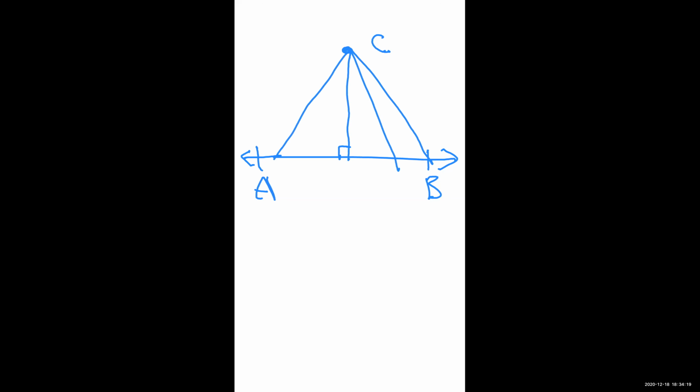If there is a straight line like this, and this is a point, this straight line is AB, and this point is C, for example. Now, guys, the perpendicular one is shorter than any line to this straight line.